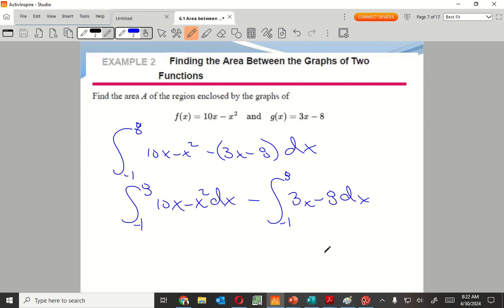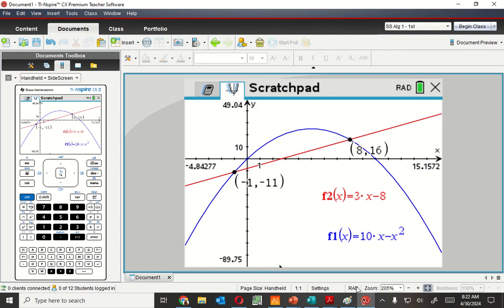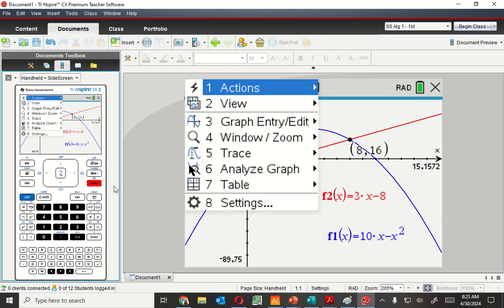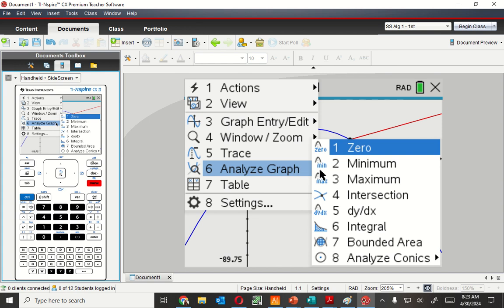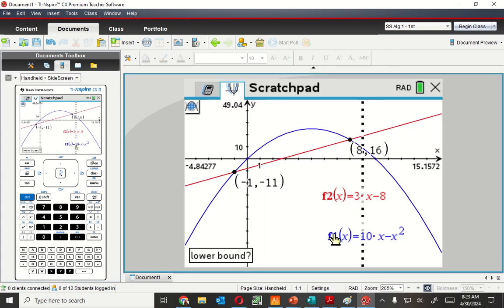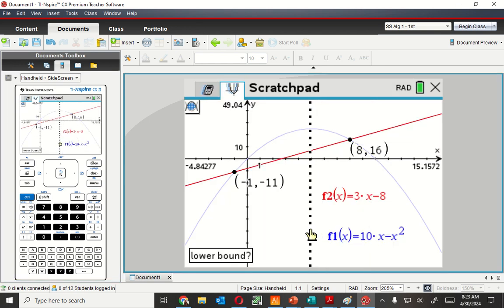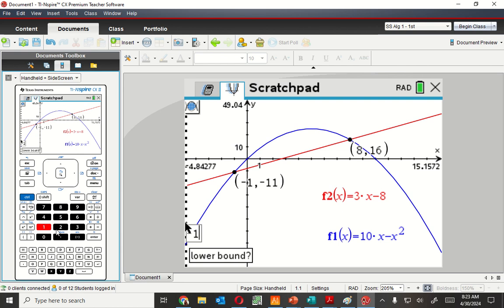Now, let's go ahead and see how the calculator will plug it in. So I'm going to do the same thing with the bounded area. And my lower bound is going to be -1. Type in -1, enter.